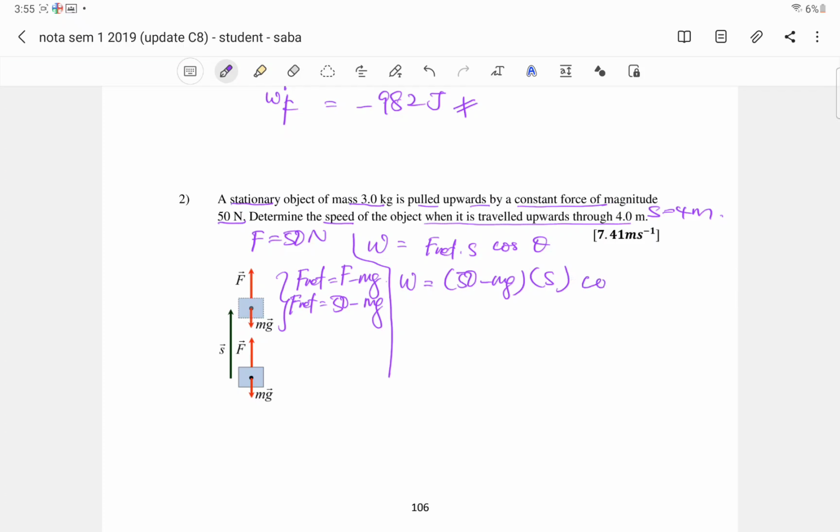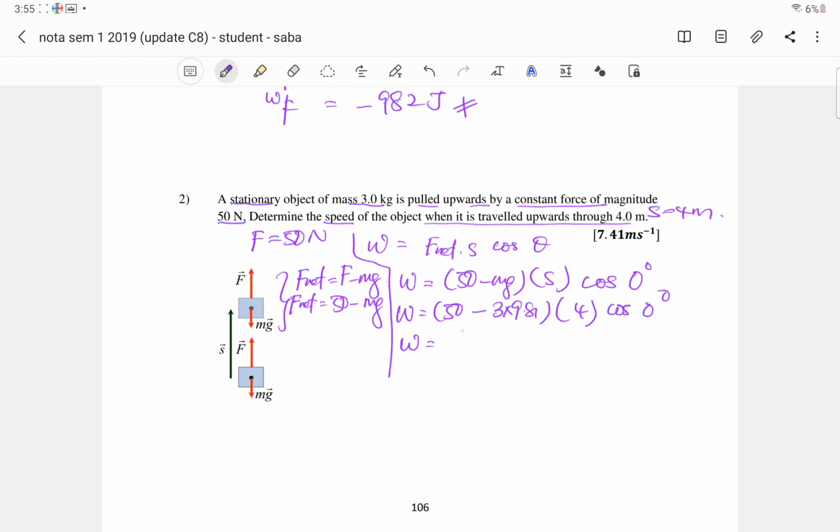Cos 0 degrees, because F and S are parallel to each other. So work done equals 50 minus 3 times 9.81, times S which is 4, cos 0 degrees.